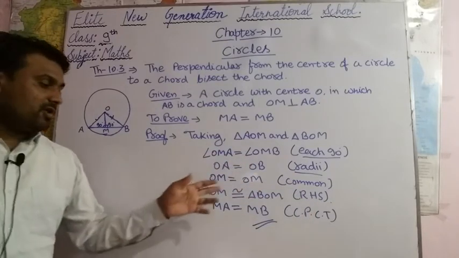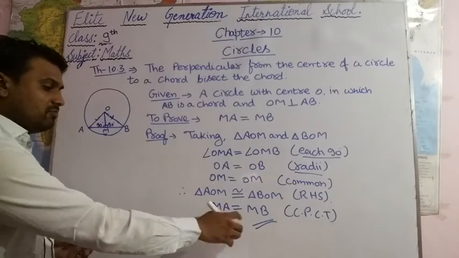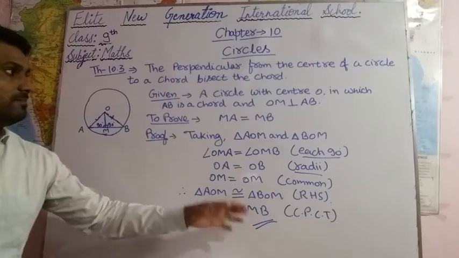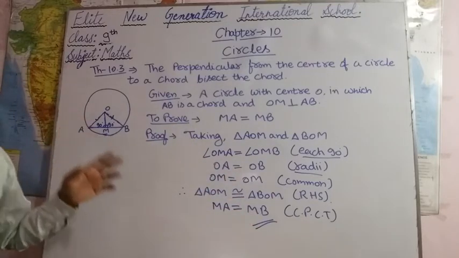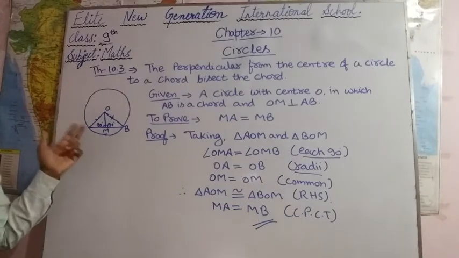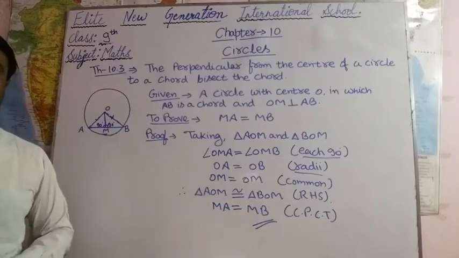And if triangles are congruent, then by CPCT MA equals MB. Now MA equals MB, therefore the perpendicular from the center of a circle to a chord bisects the chord. So this line will bisect the chord into two equal parts.